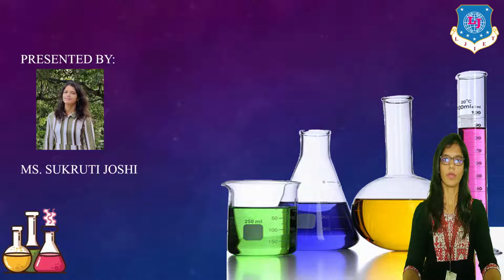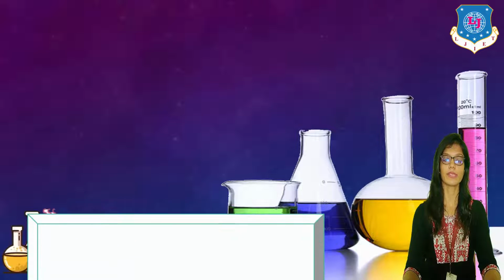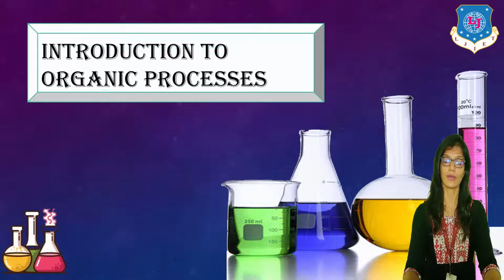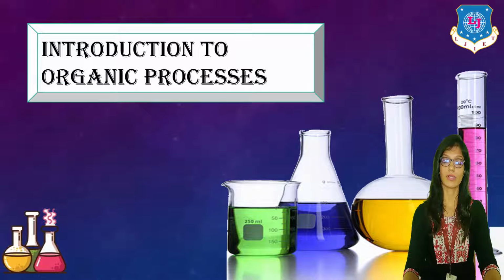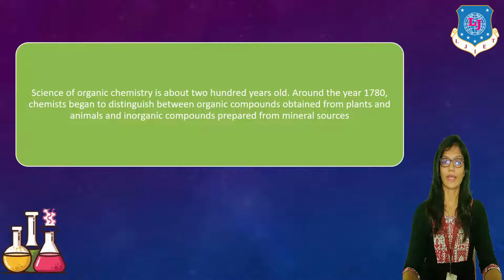Our topic for this video session is an introduction to various organic processes, or I can say unit organic processes. Now, the science of organic chemistry is about 200 years old.